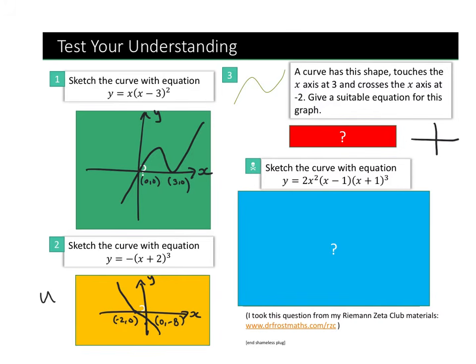I read that as the y-axis. A curve has this shape. Touches the x-axis at 3 and crosses the x-axis at negative 2. There we go. Oh, yeah, it already shows it. So this is then going to be x plus 2, x minus 3 squared.